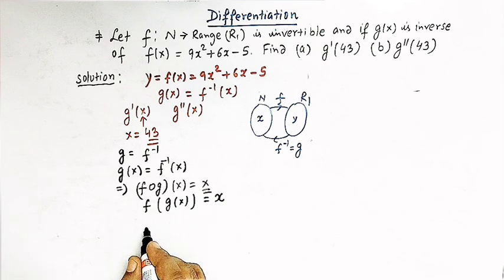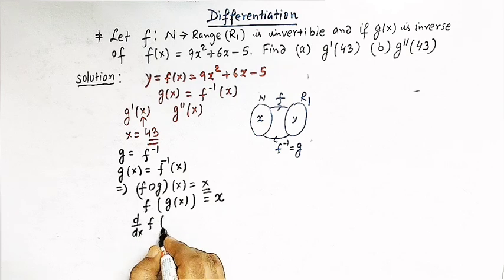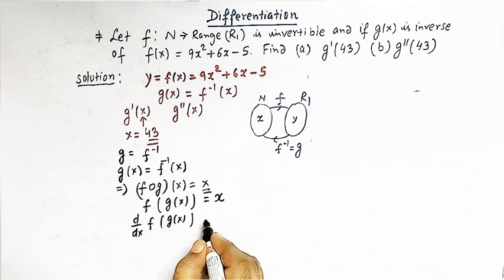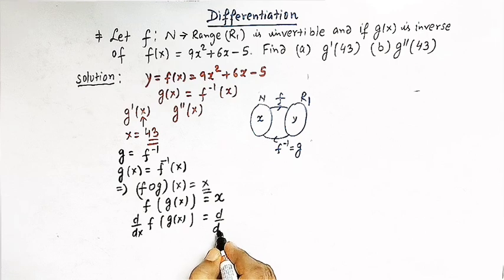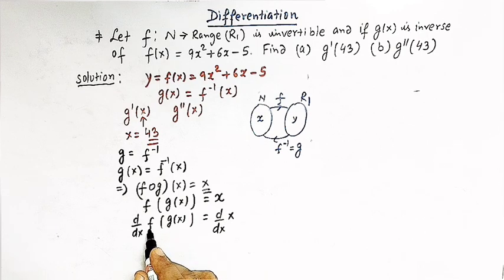Now differentiating both sides with respect to x, we have d by dx of f of g of x, and here we have d by dx of x. Now to differentiate f of g of x, we have to make use of chain rule.